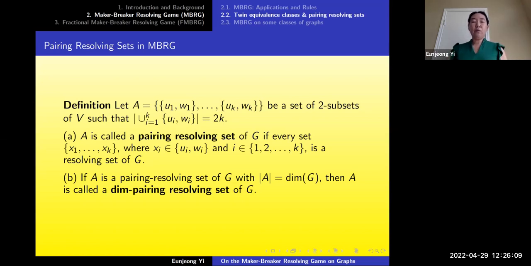If the pairing resolving set has cardinality equal to the metric dimension, we call it a dim-pairing resolving set of a graph G, requiring the minimum number of steps possible.